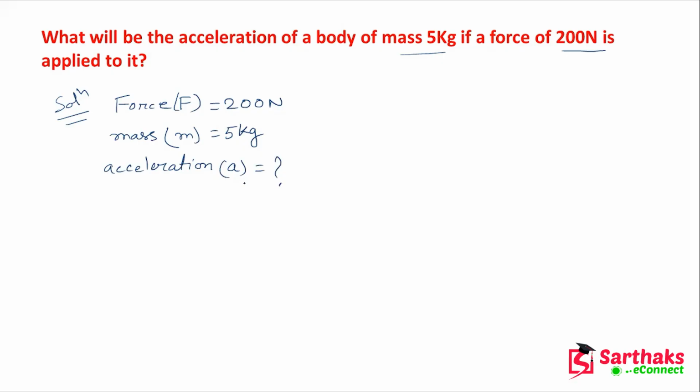What will be the acceleration here? If F equals ma, that means A equals F by m, right? So acceleration equals, how much is the force? 200 Newton. What is the mass? 5 kg.